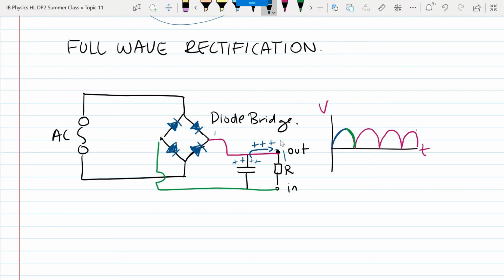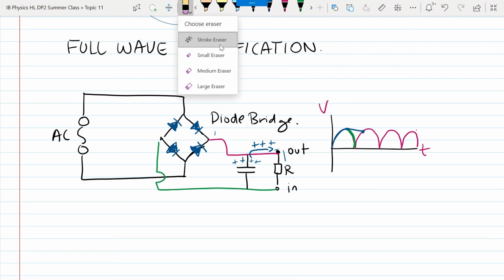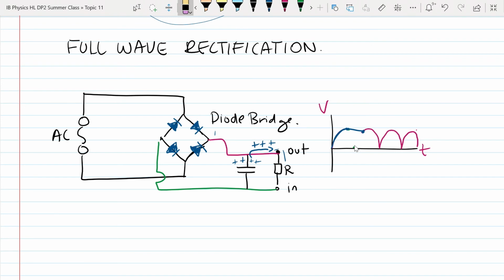And what this does is it's going to increase the voltage from this peak all the way to here. And erase this part. Correct?